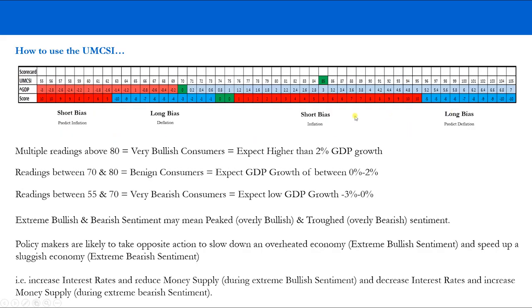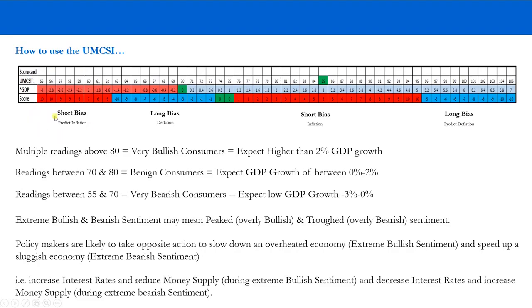So in the extreme cases, this is what we have. We have a situation where we're predicting that in the future, policymakers are actually going to react to this situation, and we're predicting deflation. So in the extreme case of very high readings in the UMCSI, we will look to have a short bias.